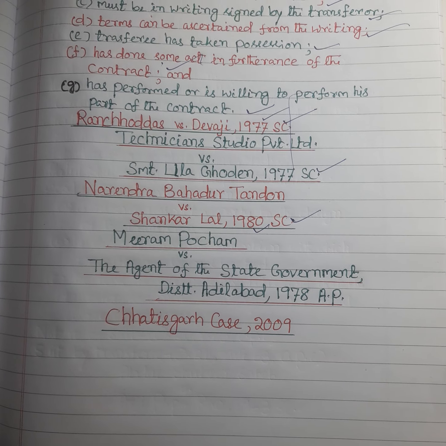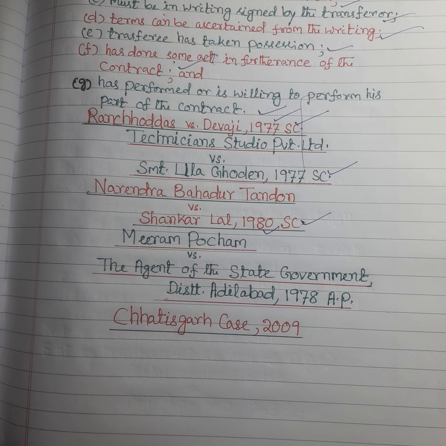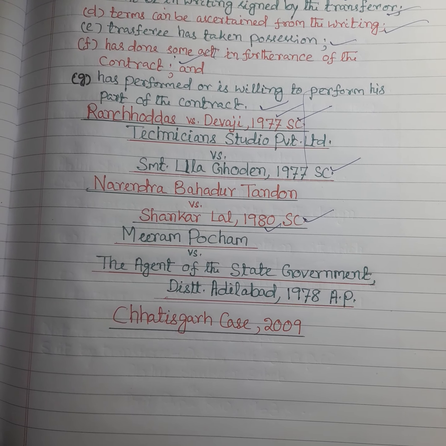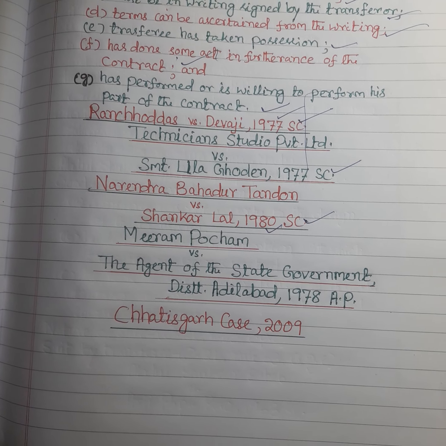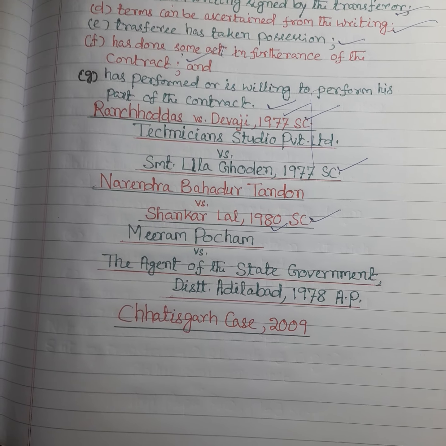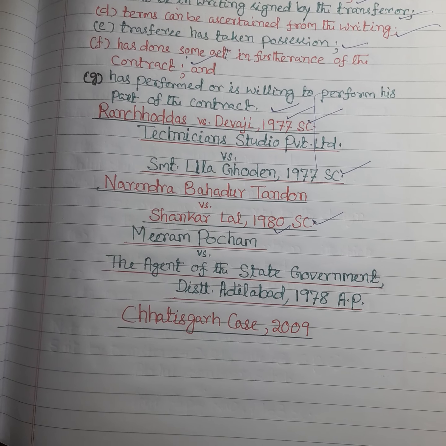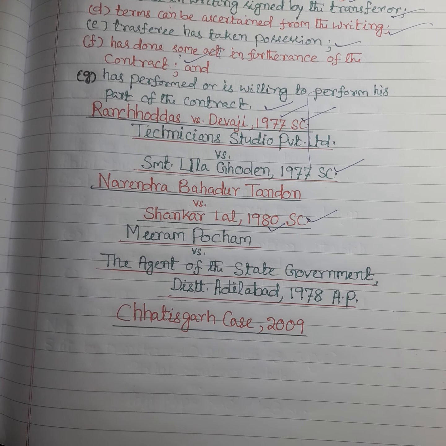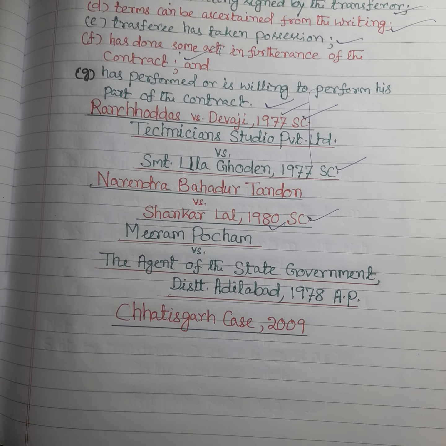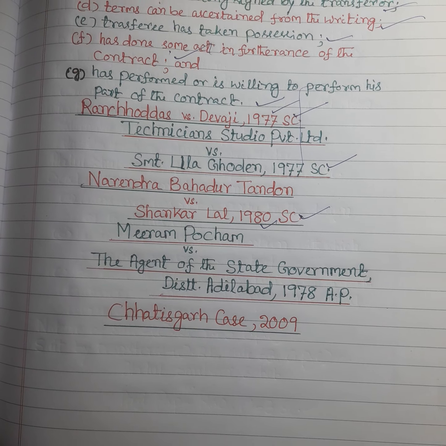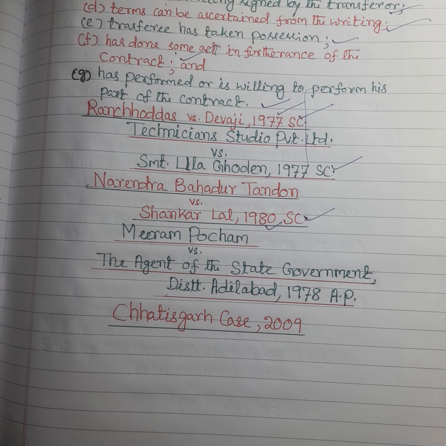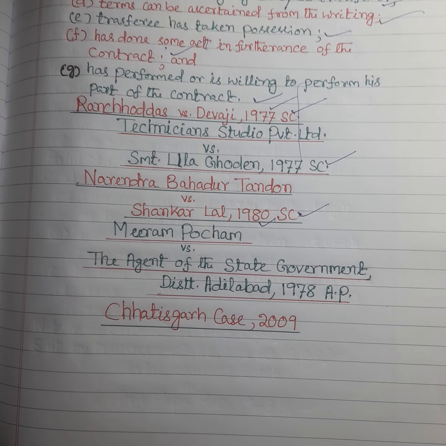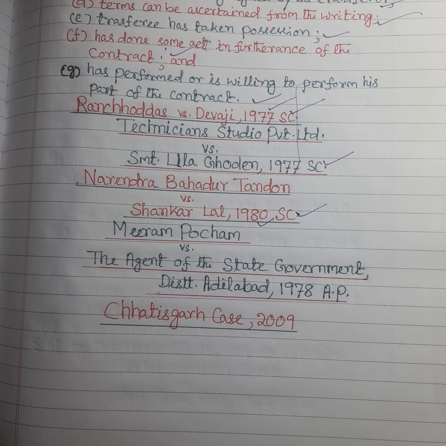So, which acts constitute part performance? An act is done in performance of the contract. Also, an act which is unequivocal and is referable to no other contract than that alleged, and so also delivery of possession. So, in that context, we will discuss certain illustrations.